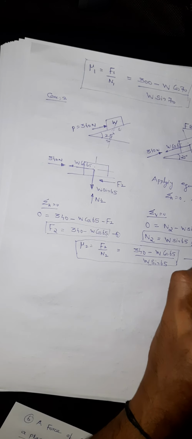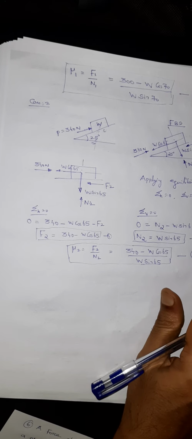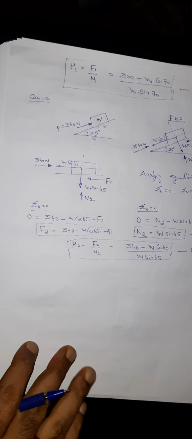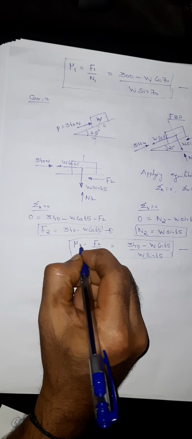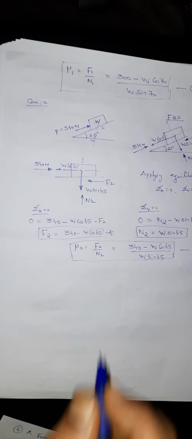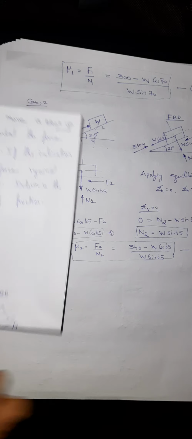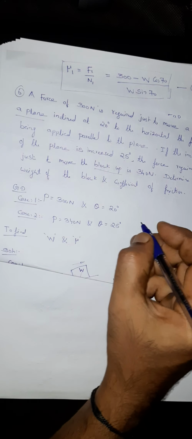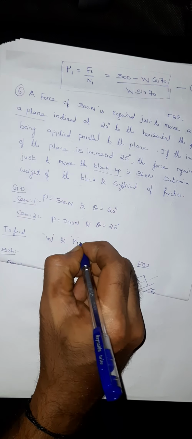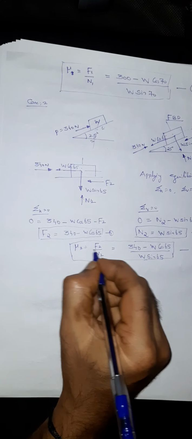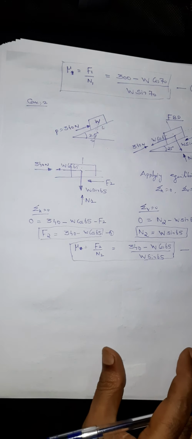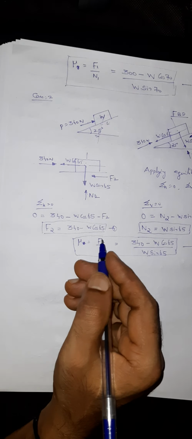Equation number 6. So equate equations. These 1 and 2 are the same, so mu 1 equal to mu 2 equal to mu, because of the same object, right?